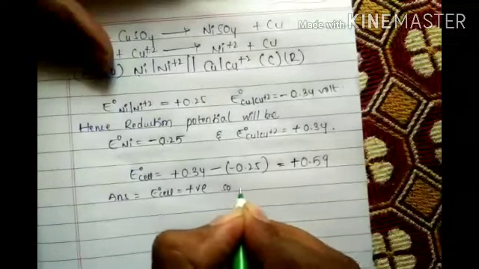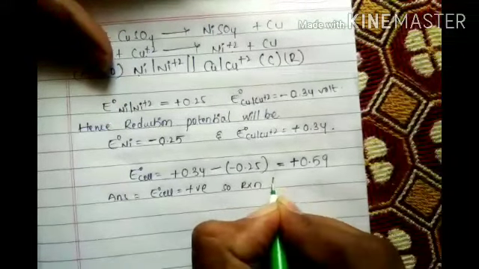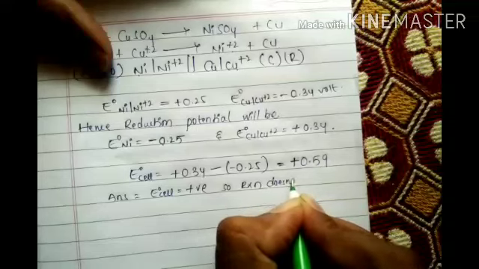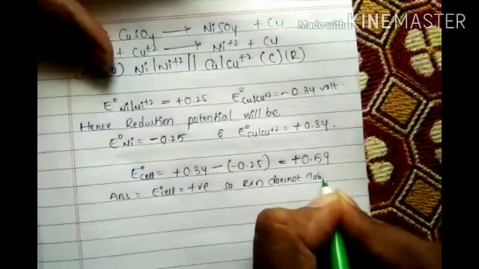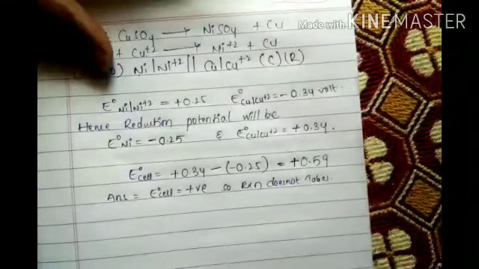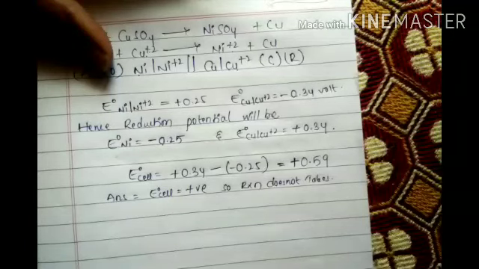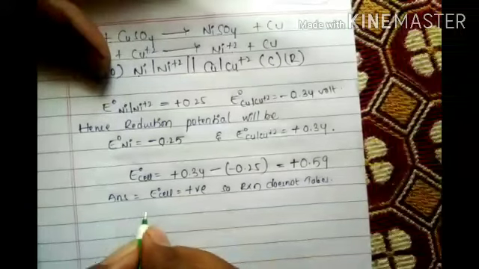So reaction does not take place. Takes place means we should not use that one. So EMF comes out positive, that implies Cu reacts with nickel, and CuSO4 can't be stored in nickel vessel. Finally, now write a conclusion.